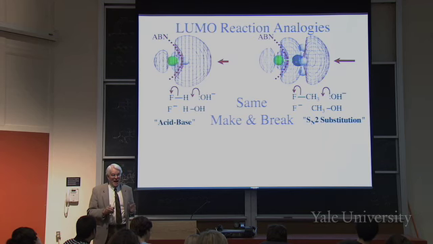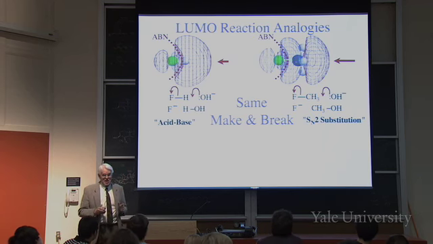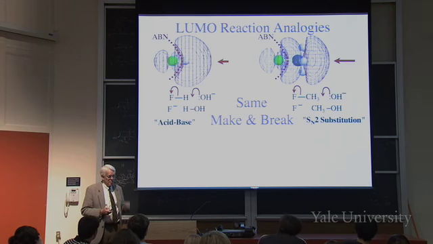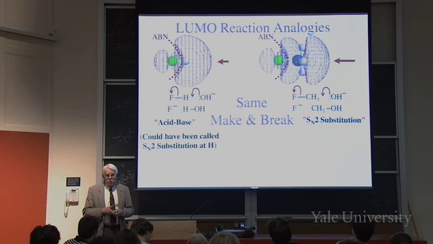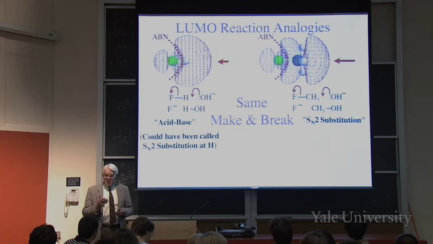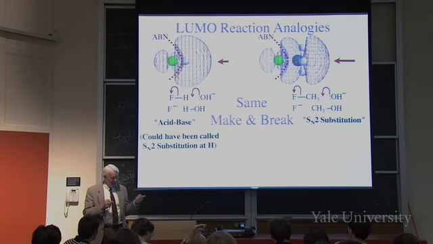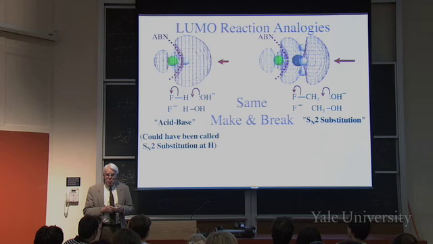It's the same reaction, just the names have been changed, right? So you could in fact have called the reaction of OH minus with HF a substitution. It could have been SN2 substitution. The difference would be that the atom on which the substitution takes place, the one that gets attacked and then loses the F minus, is hydrogen rather than carbon.